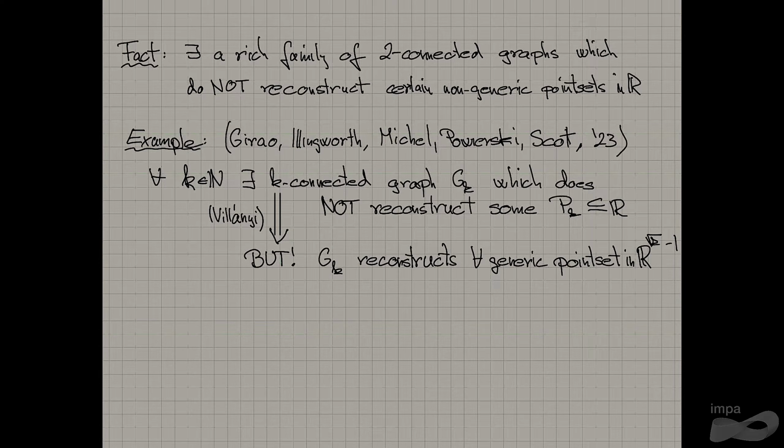In order to reconstruct point sets in extremely high dimension, even if it's generic, you have to have some edges there. But these graphs, these examples, do not even reconstruct in one dimension if you allow arbitrary sets. Yeah, that's what this is saying. Okay, so there is a big separation.